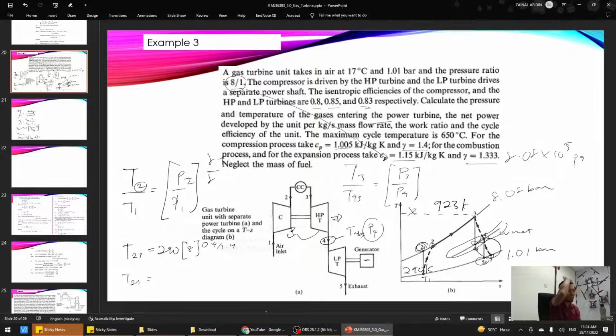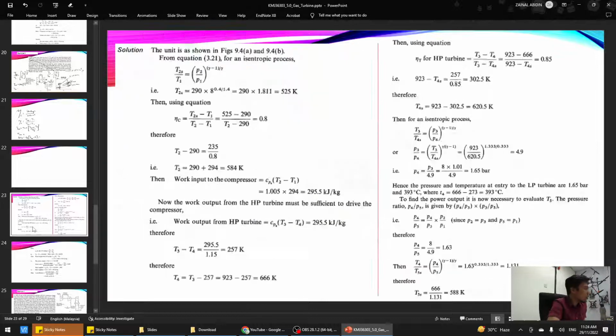Alright. So kalau you lihat balik soalan ini punya solution, dia cari T2A, dia dapat T2A di sini. Okay, kemudian dia terus kira work input dari kompresor, dapat 295.5 kJ/kg.